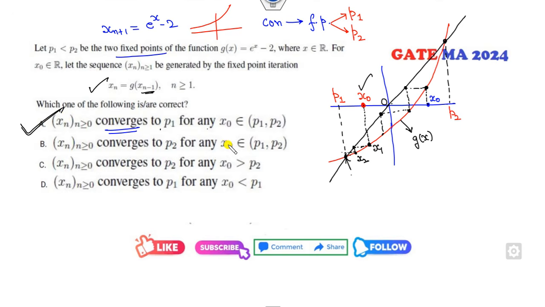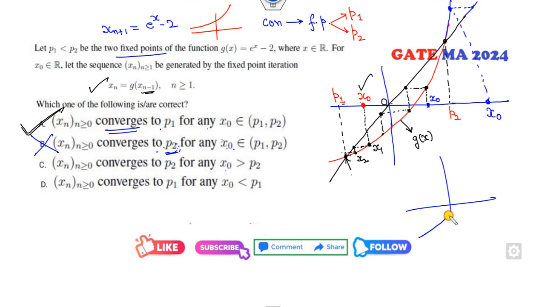Look at the second, converges to P2. That's wrong, because if I take x naught in between P1 and P2, it converges to P1. Xn converges to P2 only if I choose any x naught which is greater than P2. If I pick a point on this curve, it will move on like this.